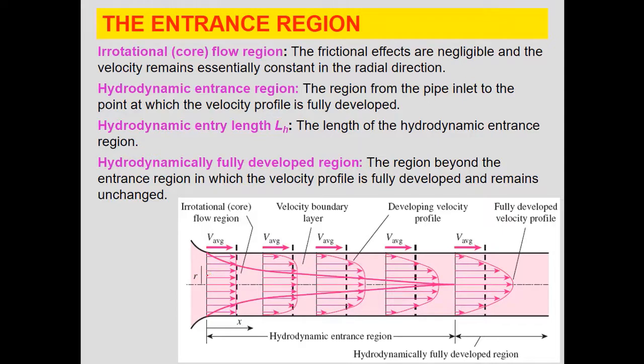But when this fluid is traveling through this pipe, its velocity will change and finally will be something like this. Near the surface or wall of the pipe, its velocity will be 0, and at the center of that pipe, the velocity will be the maximum.